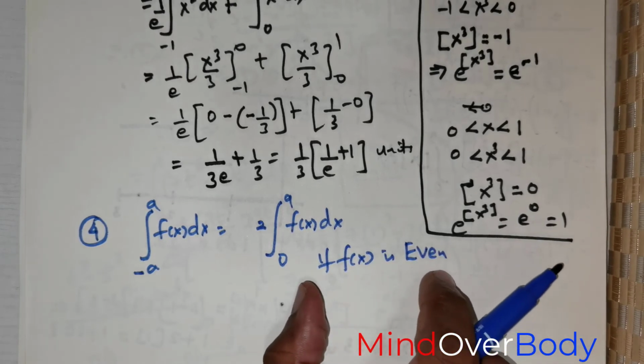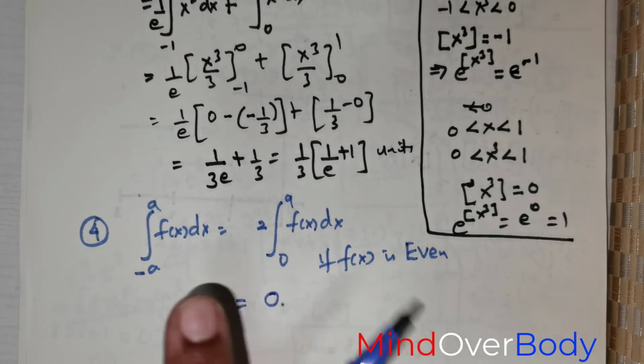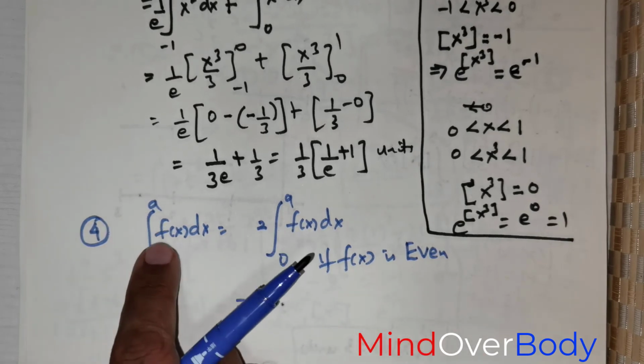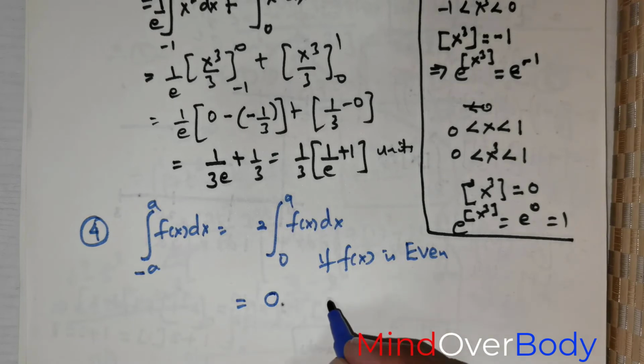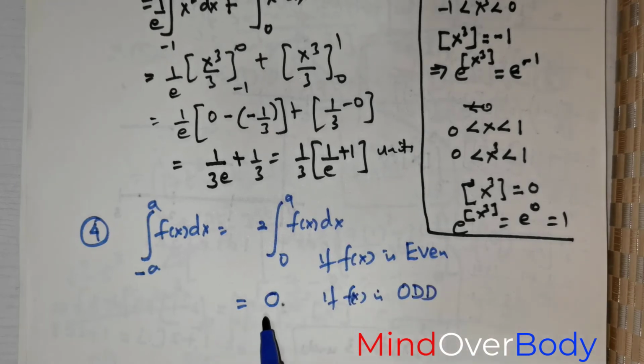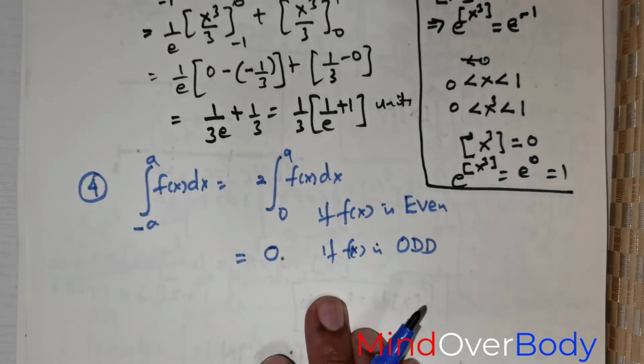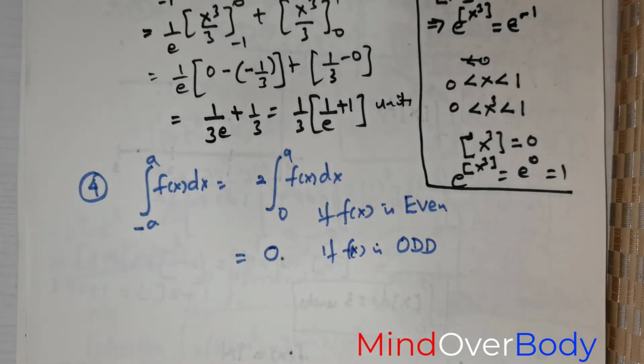This is the requirement for this to take place. If not, it would be equal to 0. Integral negative a to a f of x dx would be equal to 0 if f of x is odd. So have that in mind. It's a very important property, and it will come in handy in solving questions of higher magnitude.